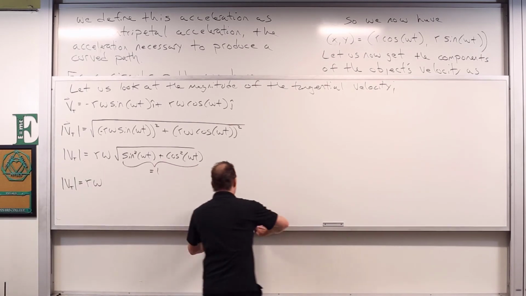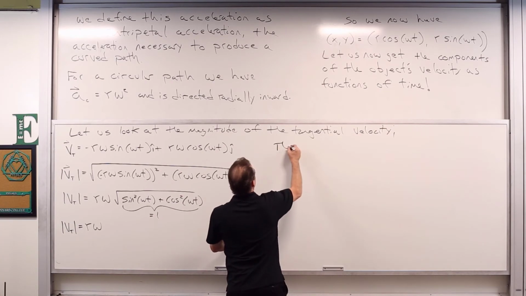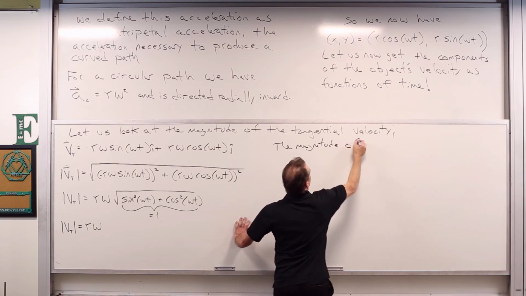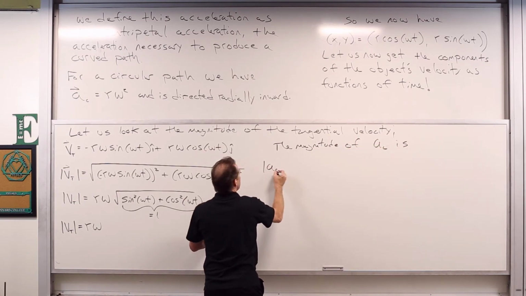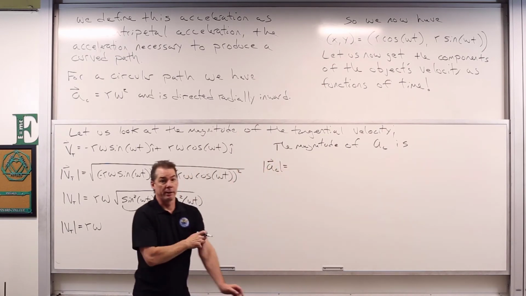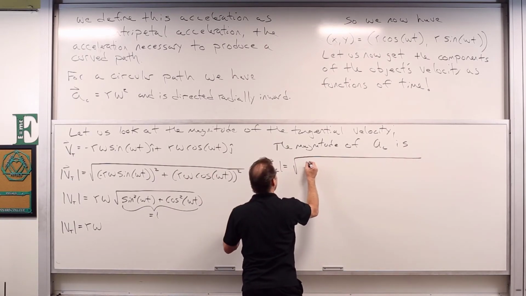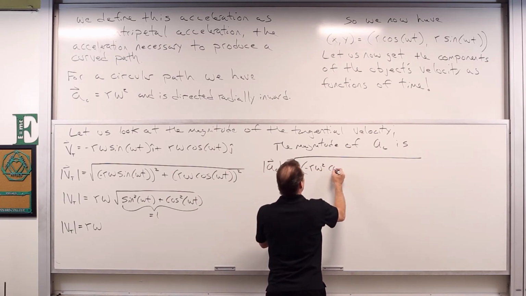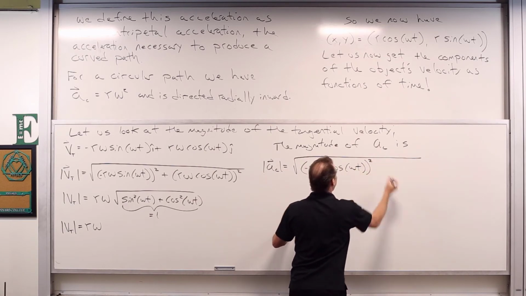Fantastic. What about the magnitude of the centripetal acceleration? The magnitude of a sub c is going to be equal to, well again, the square root of the sum of the squares of the x and y components. It's a little bit different, but we've got ourselves a negative r omega squared cosine of omega t, squared.